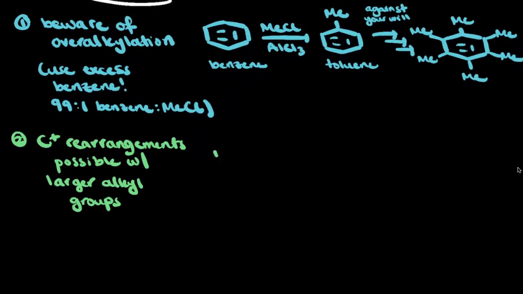So let's say you have an alkyl halide that looks like this, right? With 4 carbons. Well, remember that at some point you're going to end up getting this intermediate, right? And then this guy can go ahead and break off.